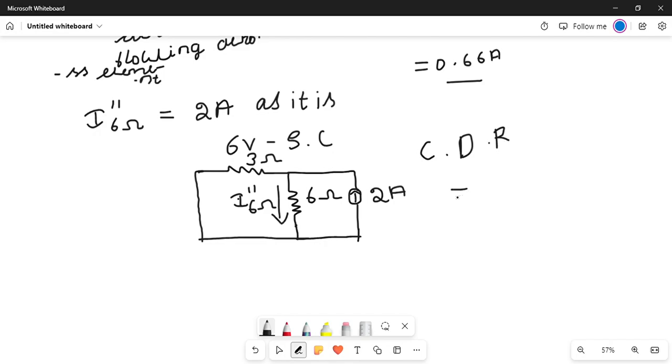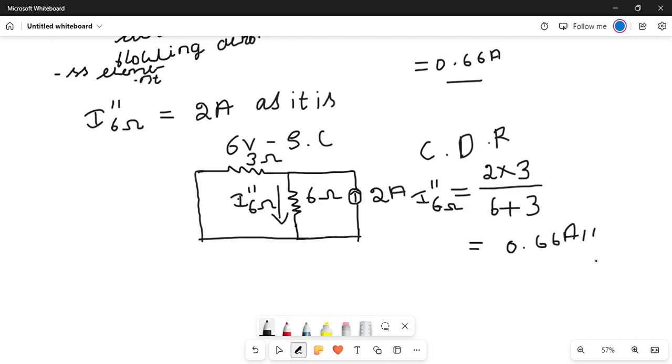If I apply it, I6 ohm double dash is equal to 2 into 3 divided by 6 plus 3, which is equal to 0.66 ampere.